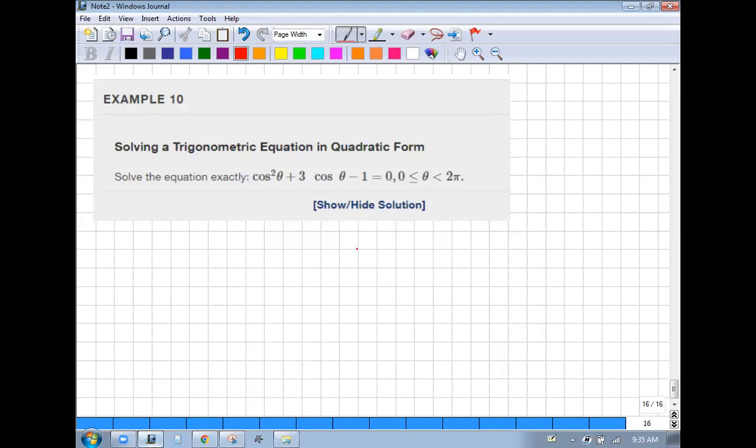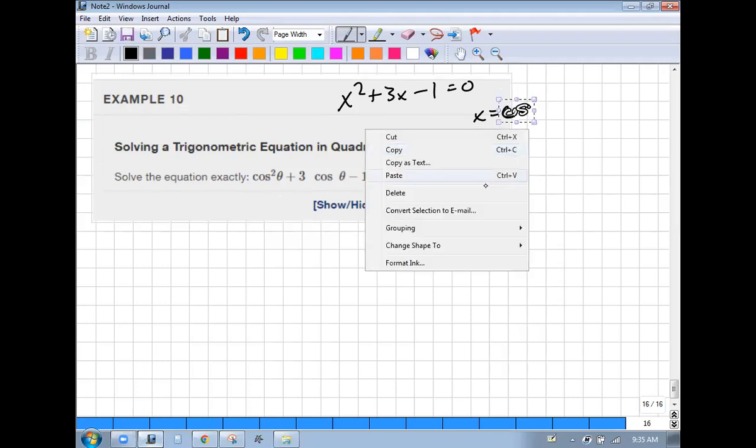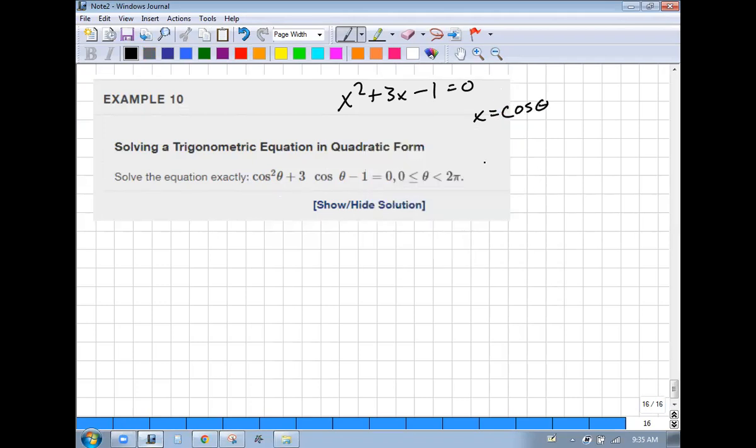So here they have cosine squares and cosines and stuff. What this thing looks like is x squared plus 3x minus 1, where x is cosine theta, right? If you look at it that way, it looks like this.